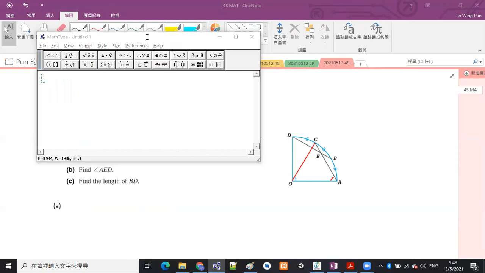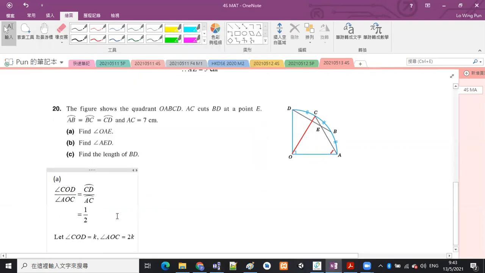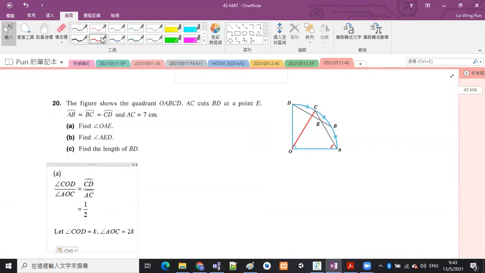let angle COD be 1K or just K, and angle AOC be 2K. You get this? I mean, this angle is K, and this angle is 2K.